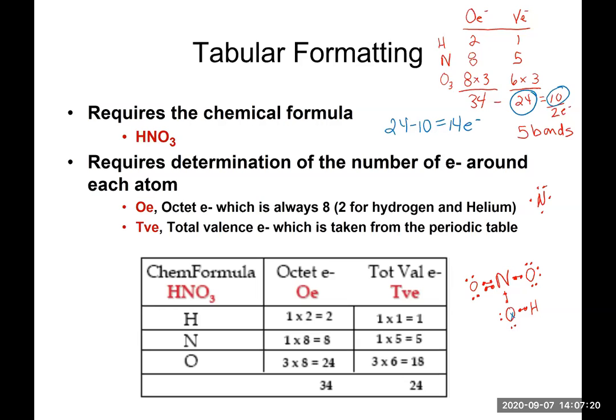So how do I calculate formal charge? The way that I calculate formal charge is as follows. I'm going to take the valence electrons and I'm going to subtract the electrons that are in direct contact with the nucleus.